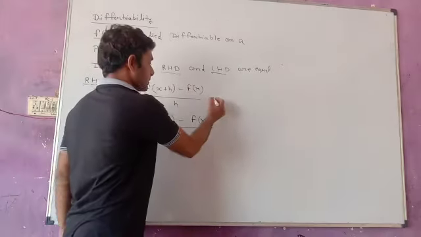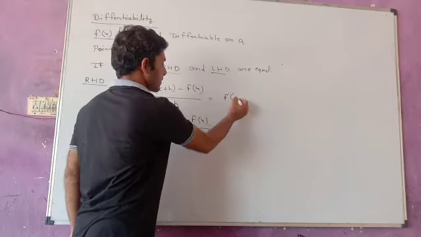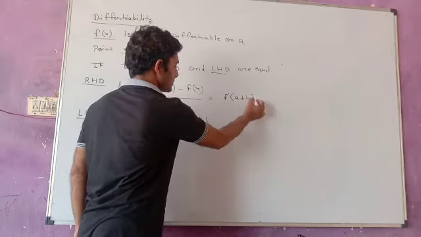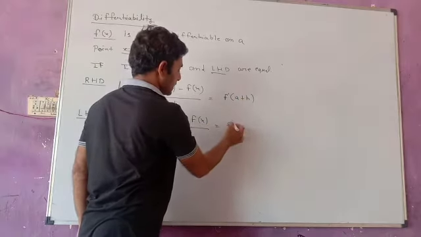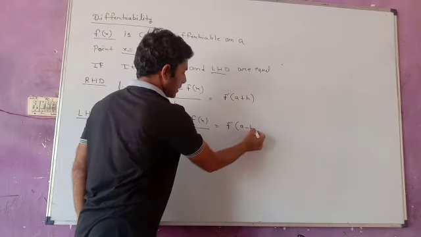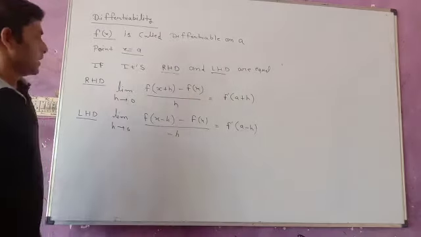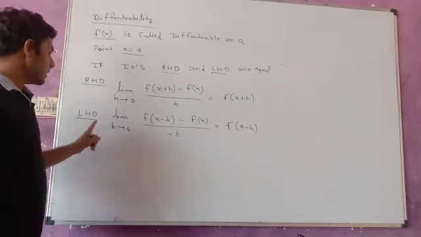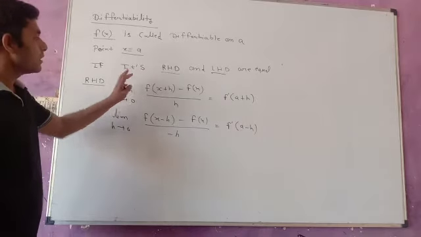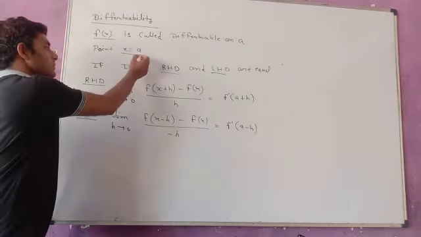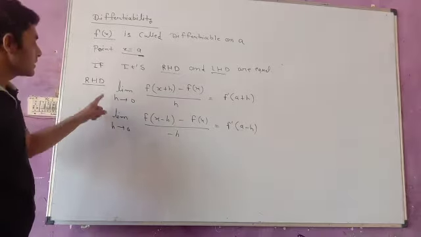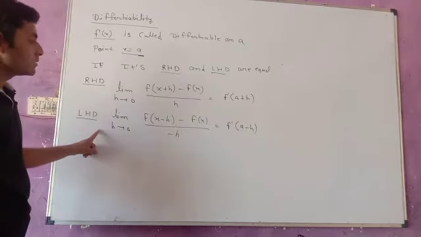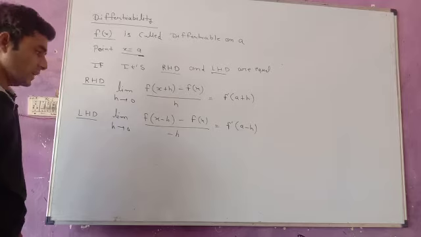We can write it as f dash (a plus h) and f dash (a minus h). If the values of RHD and LHD are equal at a given point a, then the given function is differentiable at the point x equals a.